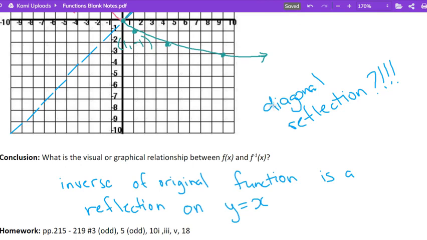So we're actually stating the equation or the linear equation upon which the function is reflected.